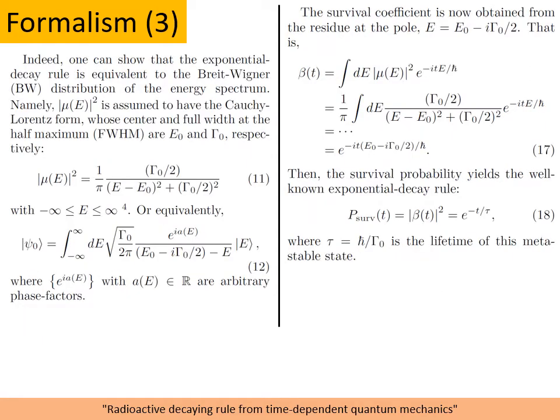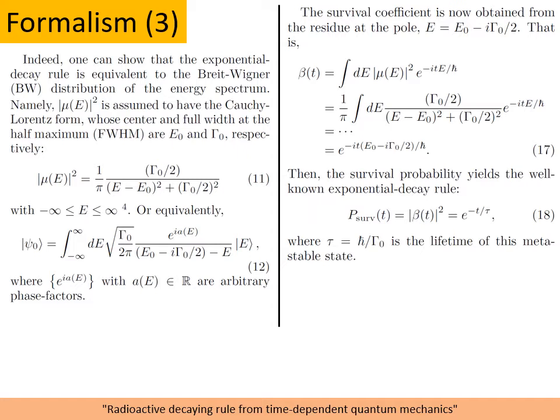Then, after learning the Krylov-Fock theorem, one can show that the experimental exponential decay rule is equivalent to the Breit-Wigner distribution of the energy spectrum. That is nothing but the energy spectrum |μ(E)|² being assumed to have the Cauchy-Lorentz form, whose center and full width at half maximum are given as E0 and Γ0 respectively, and that is given as equation 11 here.